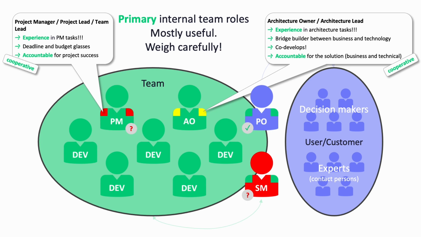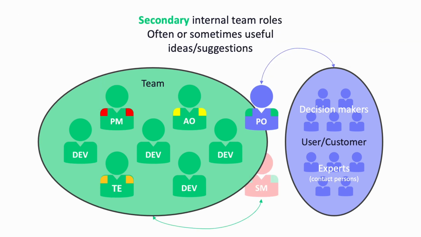And when we talk about primary team roles, there are obviously secondary ones as well. These are roles that make sense more or less often, depending on the project context, and also tend to have the character of ideas or suggestions for a good distribution of tasks in a largely autonomous team. And in particular, unlike AO and PM, the topic of accountability is not in the foreground for these roles.